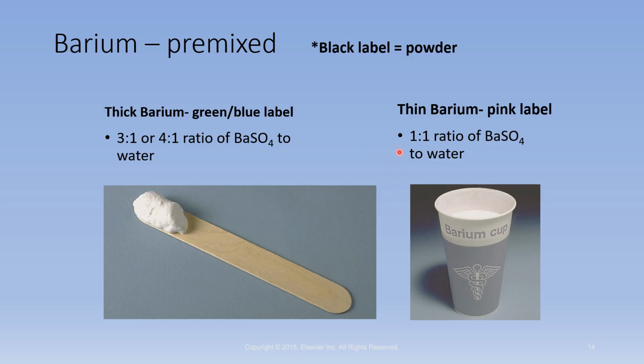So that's pre-mixed. If it's thick barium, this is not a picture of thick barium. The difference would be, compared to thin, thick barium has a ratio of 3 to 4 parts barium to 1 part water. Okay, this particular thing right here, this is considered a barium paste.